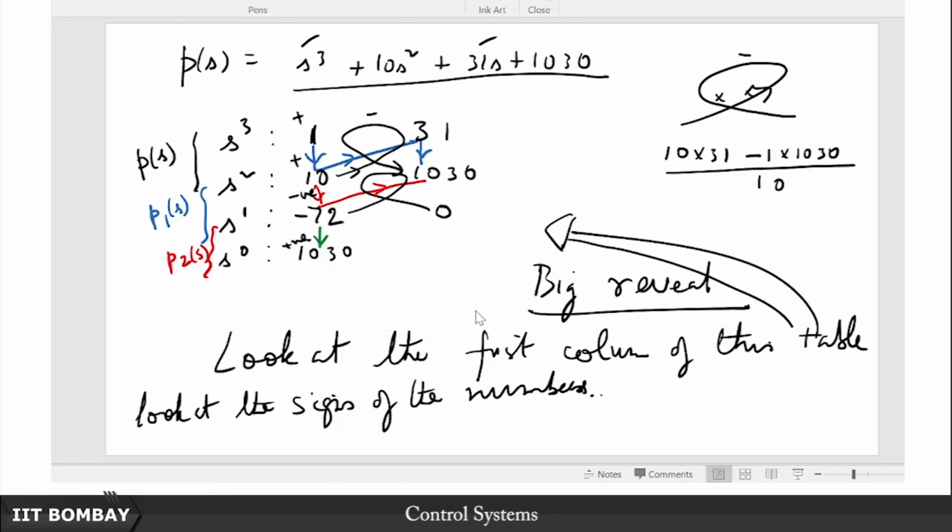It also tells us exactly how many roots are on the left half plane and how many roots are on the right half plane, and that is to be counted by exactly the number of sign swaps in the first column. But our discussion so far does not make it very obvious why it should be so. So that paper which I told you about, which appeared in IEEE Transactions on Automatic Control, uses some sophisticated techniques to actually prove this.